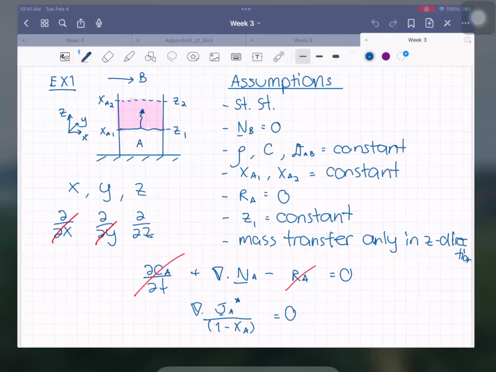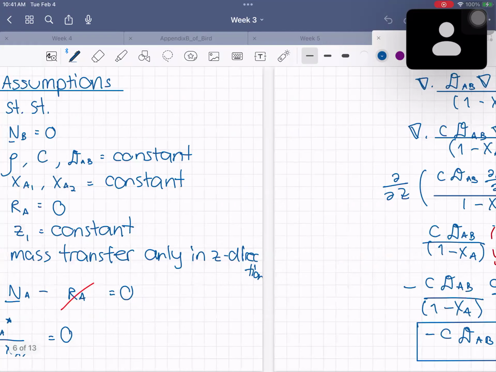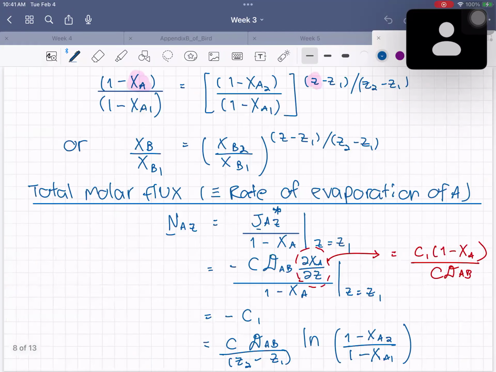All right, if you remember when we were working on the exercise in mass transport problems, what we got at the end is the concentration profile in terms of the mass fraction, molar fraction, right? So it's the same thing. This is the molar fraction.